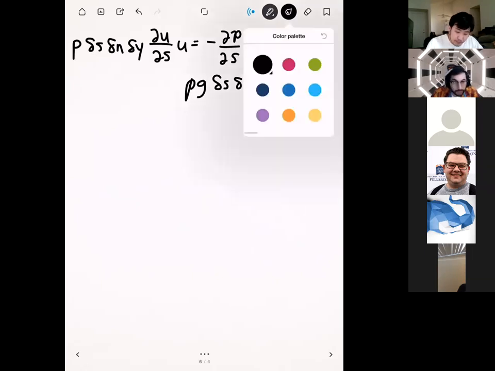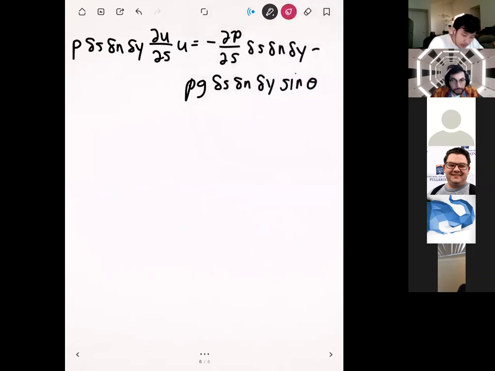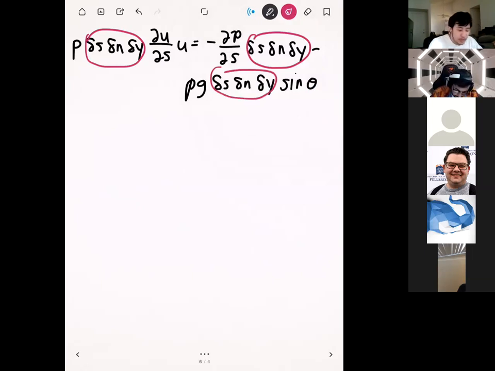The nice thing about this expression is that every single term has a volume, so we can cancel that out and save ourselves a lot of writing.